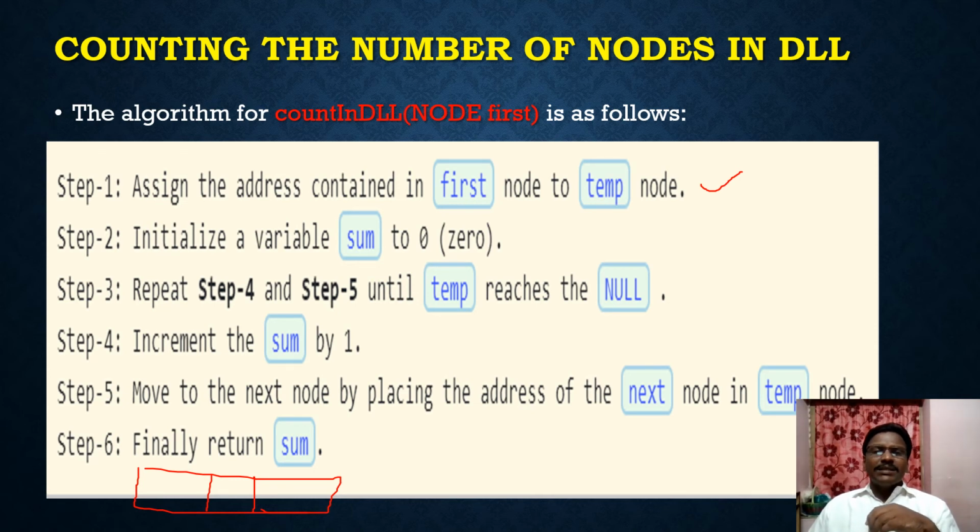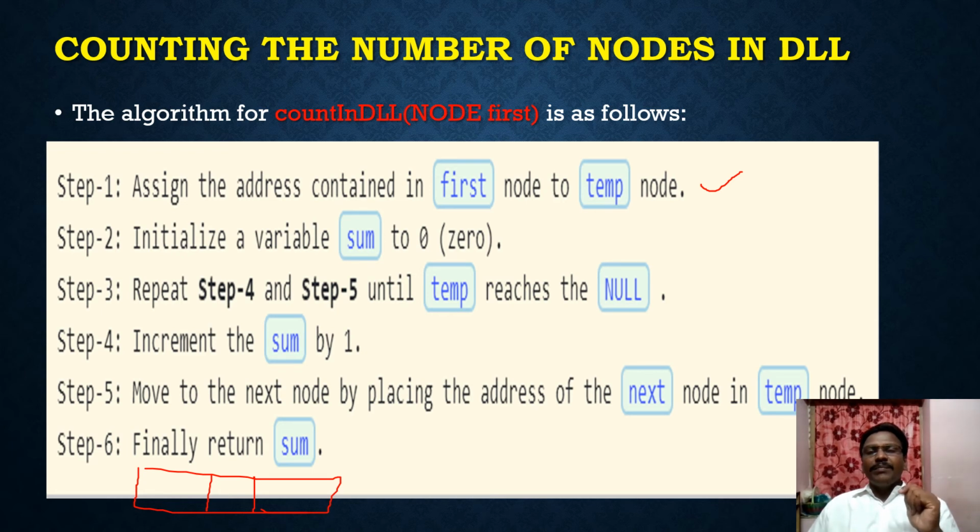Step 2. Initialize a variable sum to 0. It means the sum variable is representing the counting of the number of nodes. Then repeat step 4 and step 5 until temp reaches null. It means when temp reaches null, it is past the last node. Up to the last node, repeat the same steps. Increment the sum by 1.